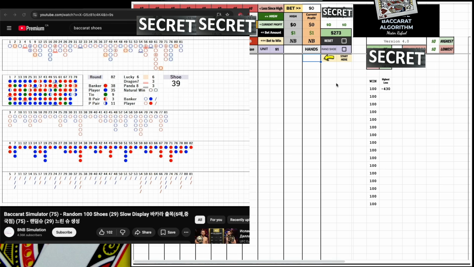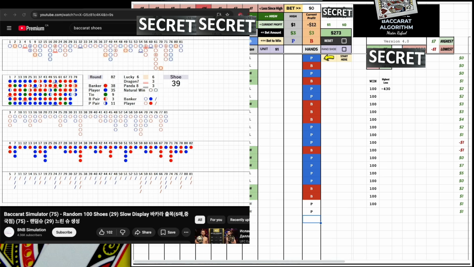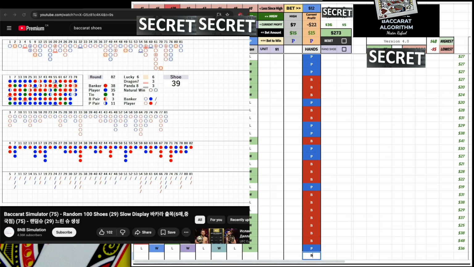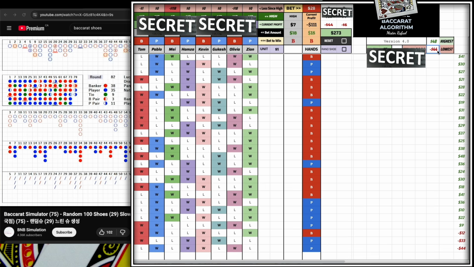Here we go, shoe 39. Okay, highest profit $48, lowest minus $44, which is what we're currently sitting at.